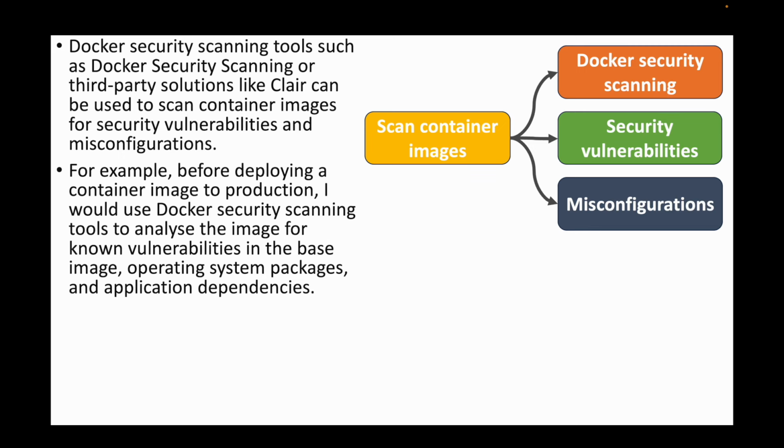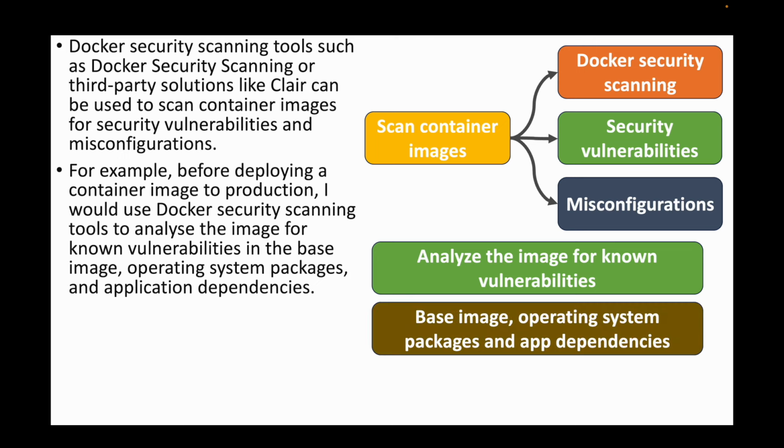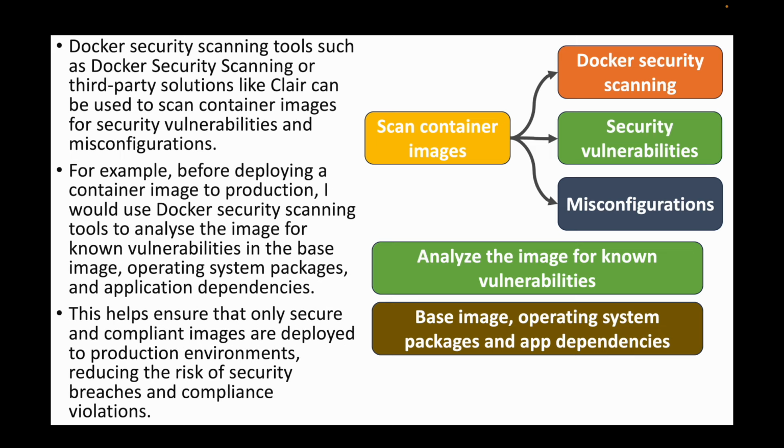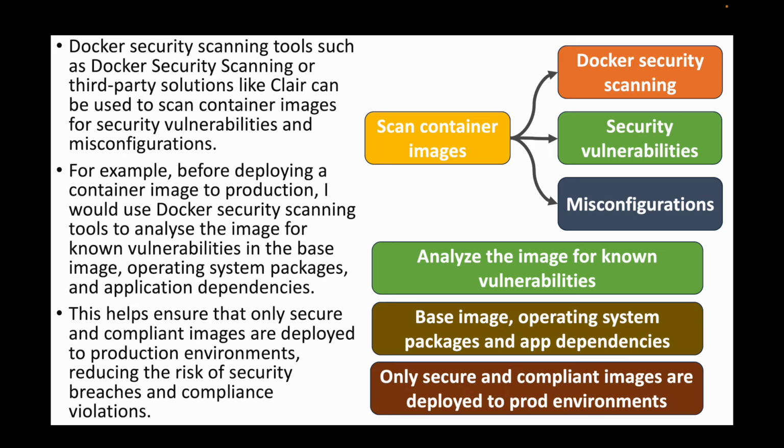So, for example, before we deploy a container image to production, we can make use of this Docker security scanning tool to analyze the image for any vulnerabilities within the base image, the operating system packages, and also the application dependencies. So, making sure we don't have any vulnerabilities. Now, this will ensure that we are only using secure and compliant images to deploy the containers in the prod environments.